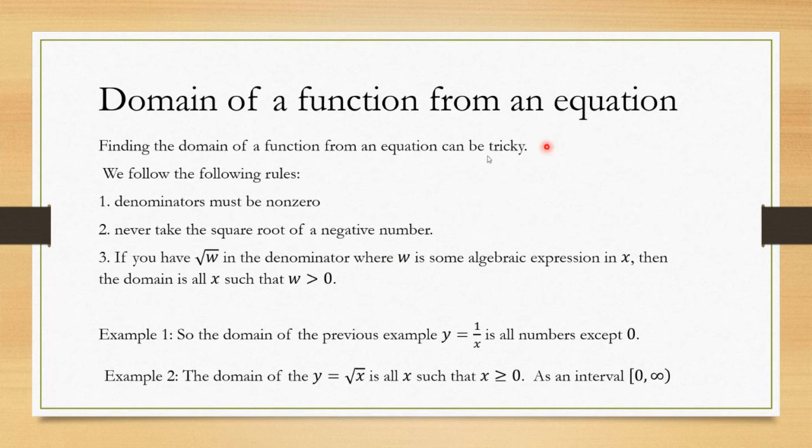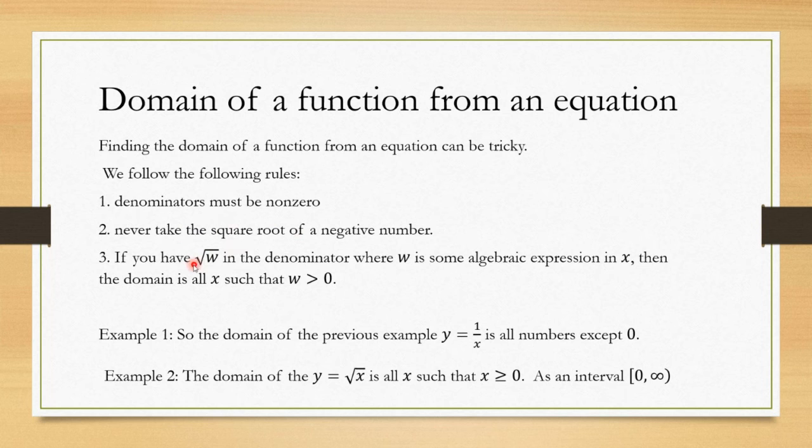And namely, you just have to, it can be tricky. It's not always obvious. But there's basically some rules we're going to follow. Namely, the denominator can't be 0. You never divide by 0. We also, I think I've seen this before, never take the square root of a negative number. When you take the square root of something, it has to be non-negative, meaning greater than or equal to 0. And in number 3, I'm kind of putting these two together.